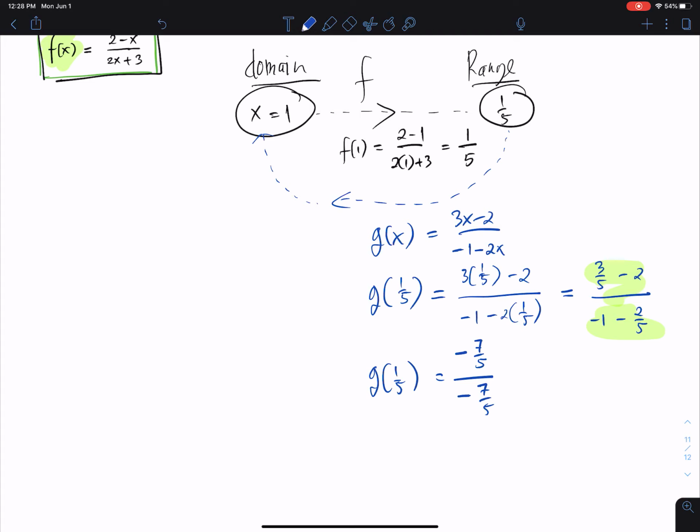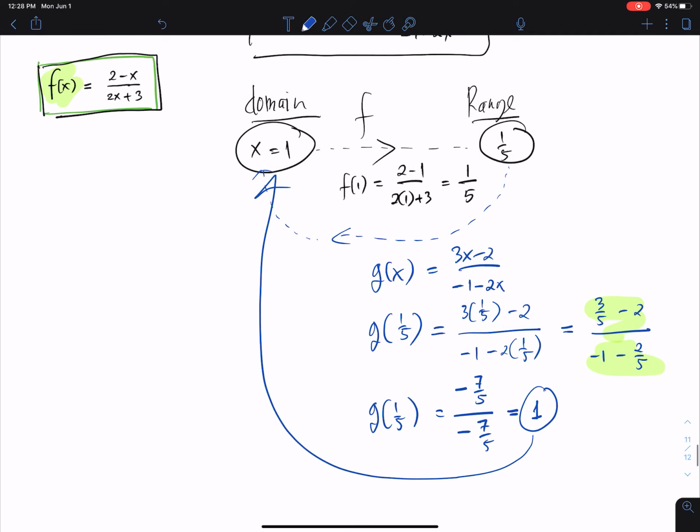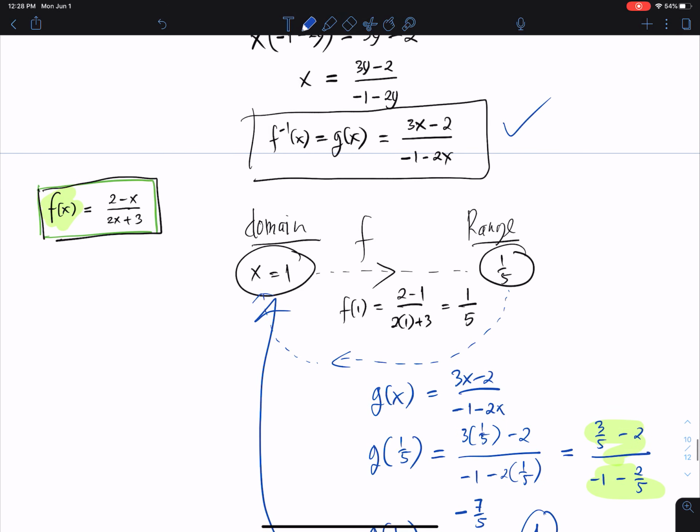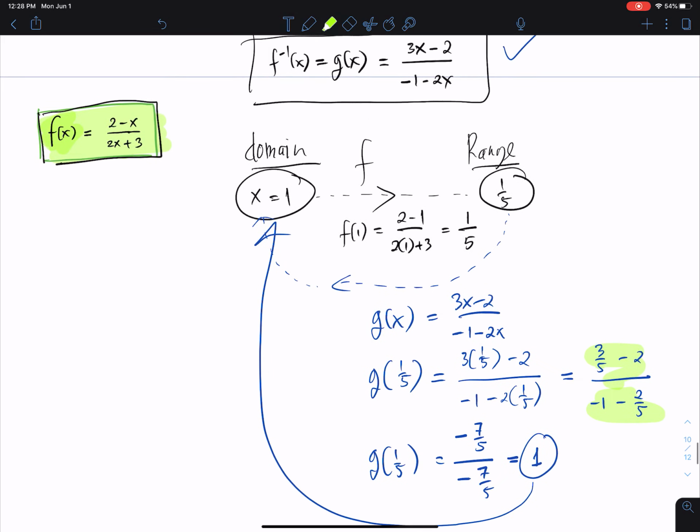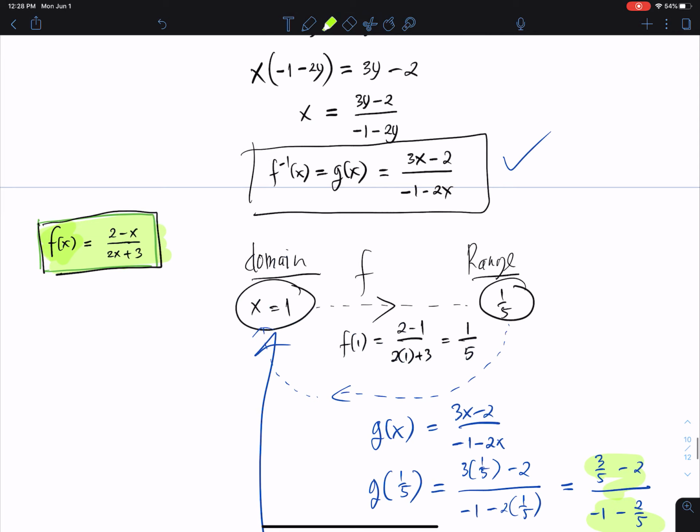So minus 7 over 5 divided by minus 7 over 5, minus becomes positive, 7 over 5 divided by 7 over 5 becomes 1. And exactly the same. So I can tell now that for this function f(x), the inverse function is exactly (3x minus 2) over (minus 1 minus 2x).